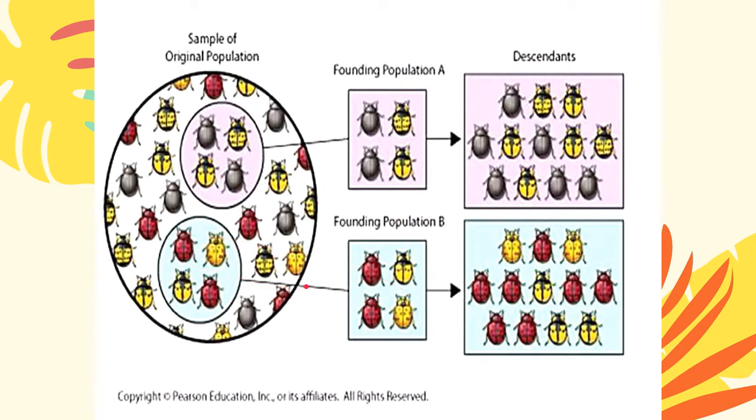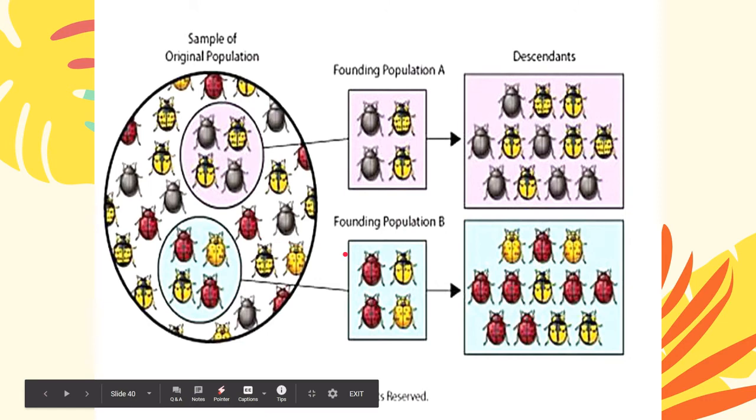For some reason, there's no adaptation here. There's no long process or long periods of survival and selection. It just so happens that they're the ones who got included in that new island. So this island divided into two because of an earthquake. One group went here, another group went to the other island.